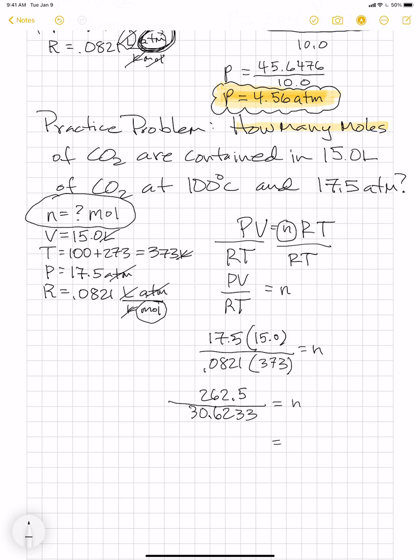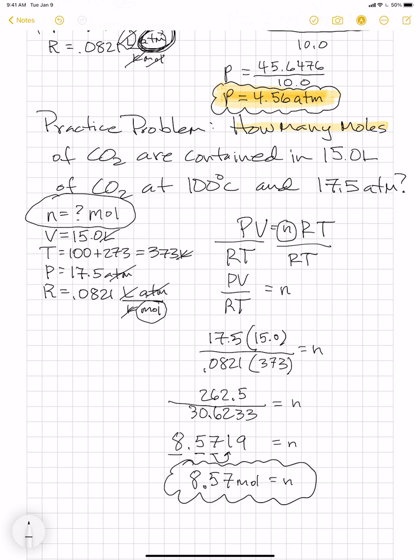So 262.5 divided by 30.6233 equals, and I get this number, 8.5719 is equal to N, but we need 3 sig figs. 1, 2, 3. Is that a 5 or larger? No. So the answer is 8.57 moles equal N.